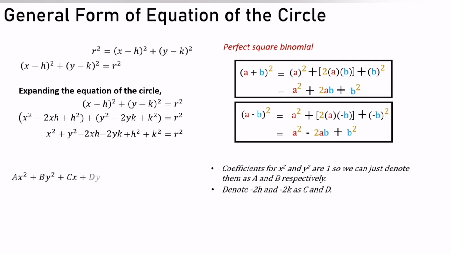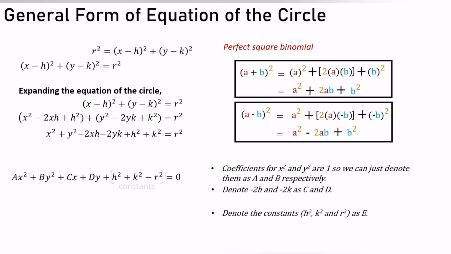So this becomes ax squared plus by squared plus cx plus dy plus h squared plus k squared. We transpose this r, so this becomes minus r squared equals 0. And then we denote the constants h squared, k squared, and r squared as e.